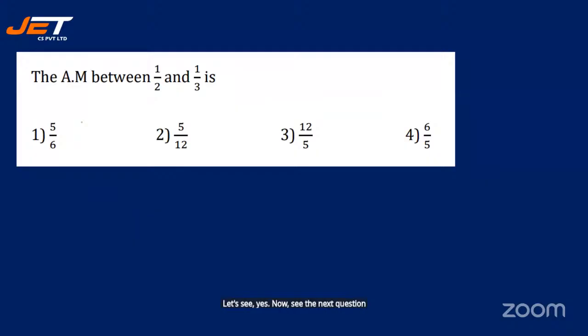The arithmetic mean between 1 by 2 and 1 by 3 is dash. So it is 1 by 2 plus 1 by 3, divided by 2, isn't it? So it becomes 3 plus 2 by 6 into 1 by 2. So 5 by 6 into 1 by 2.